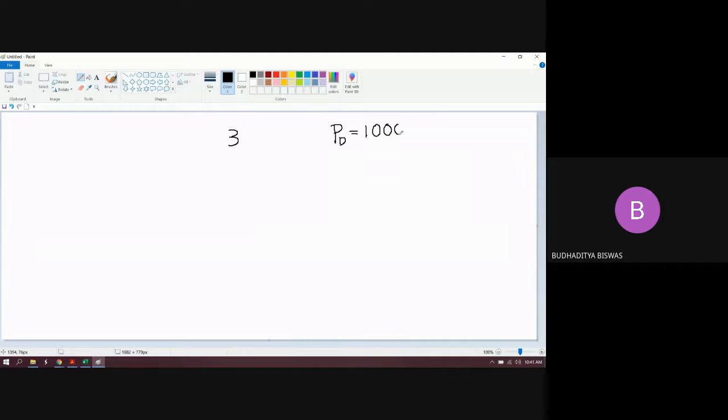Our aim is to distribute the 1000 megawatt of load demand among the 3 units economically. This is our aim. While doing this, we consider P1. P1 has an upper limit and a lower limit. Similarly P2 also has upper and lower limits, and P3 also has upper and lower limits.